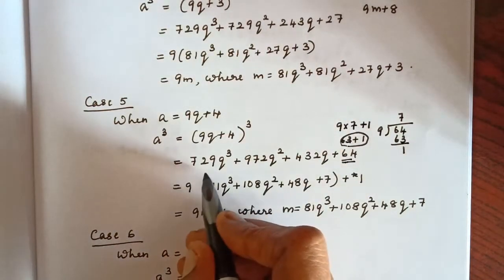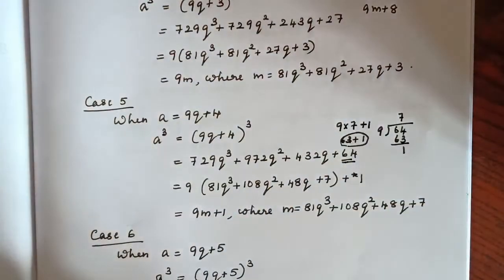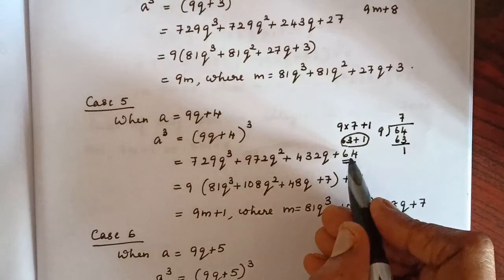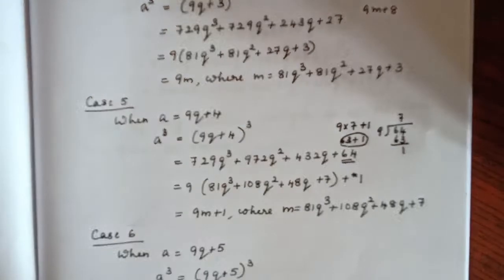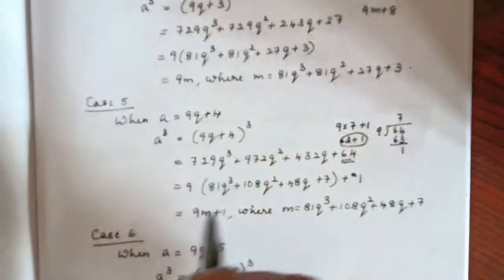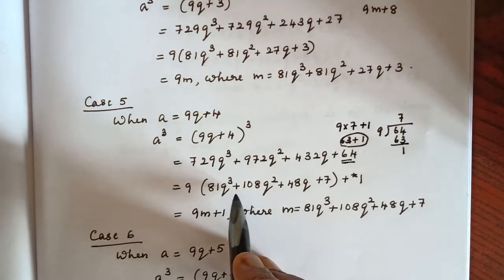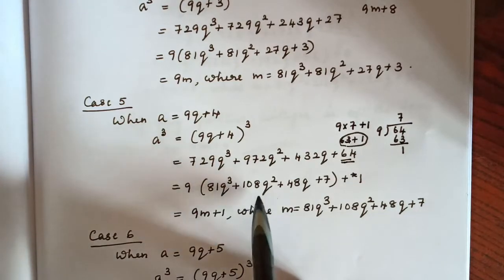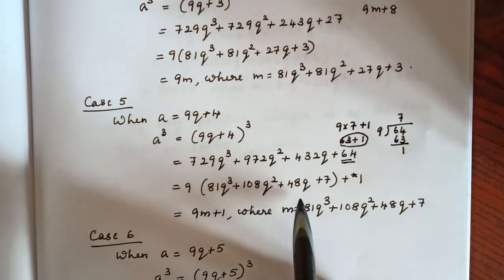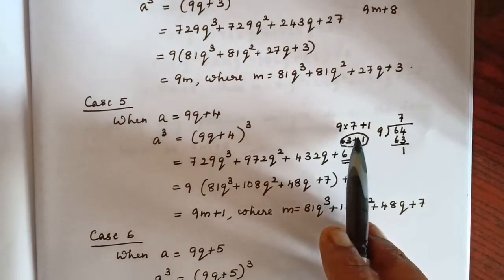So now first term, second term, third term, and this is our fourth term. So from all the terms, we can take 9 as a common factor. So when you take 9 as a common factor, you will get 9 into 81q cube plus 108q squared plus 48q plus 7. 9 into 7.